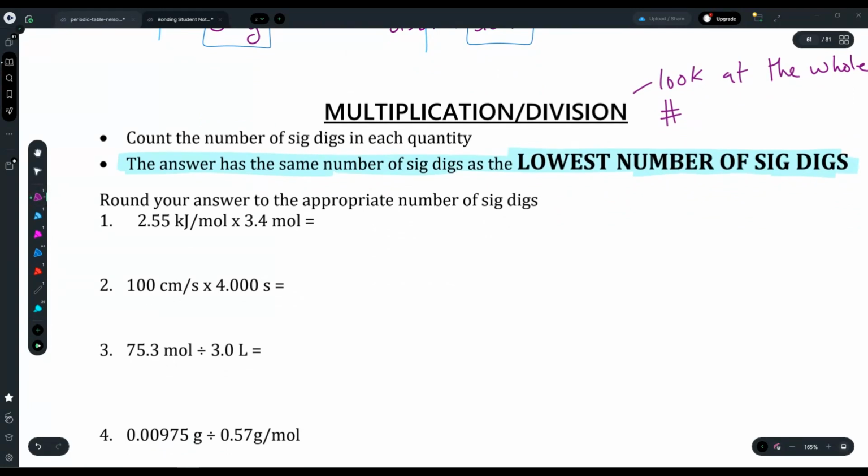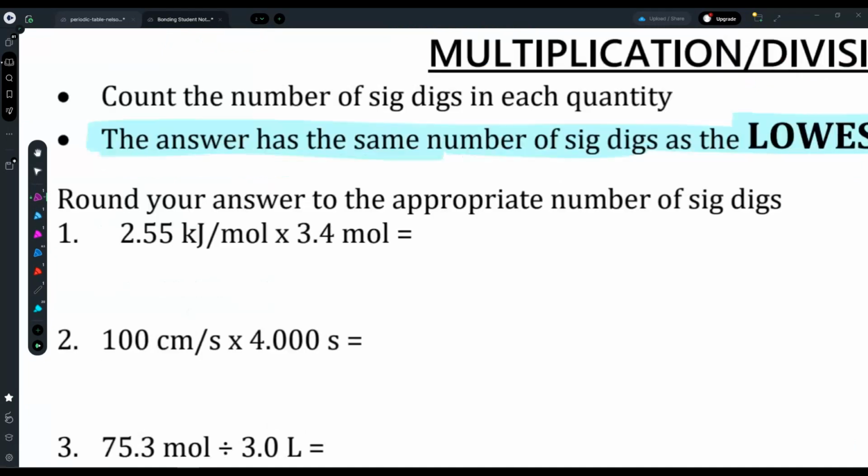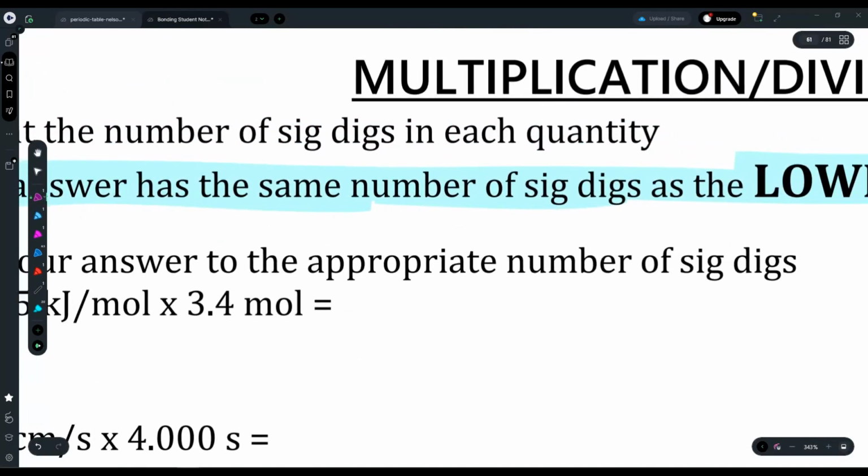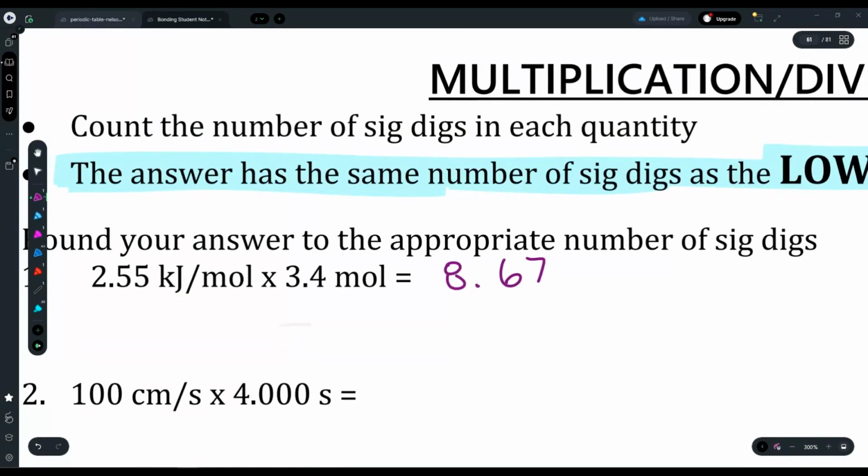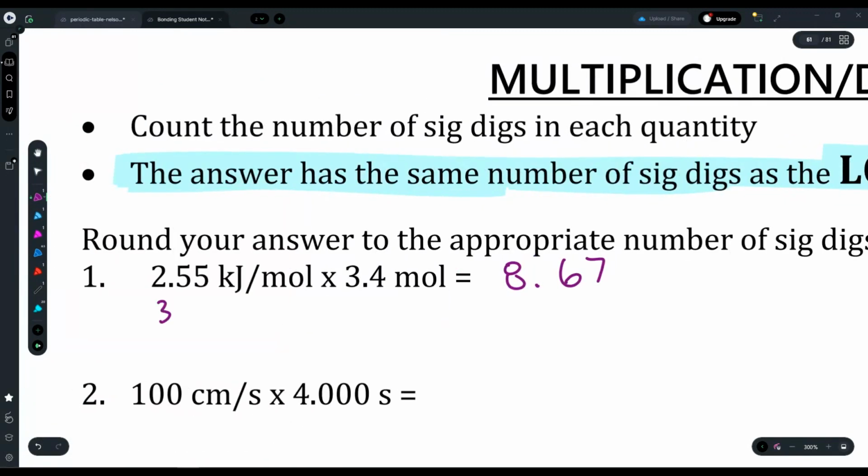So example number 1, we got 2.55 kilojoules per mole times 3.4, so that's going to give us 8.67. Now, if I take a look at my sigdigs, this value here, the 2.55, has 3 sigdigs, because 1, 2, 3, and then my other number has 2 sigdigs.